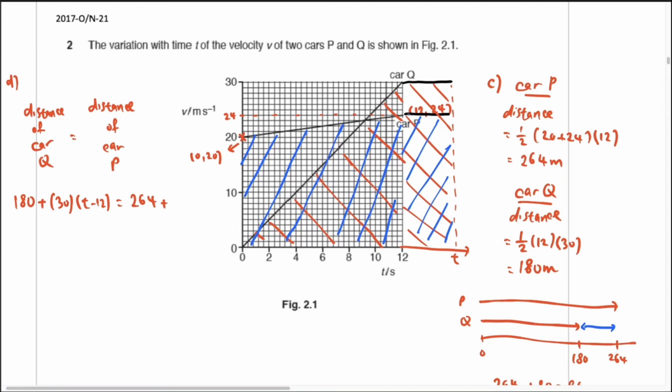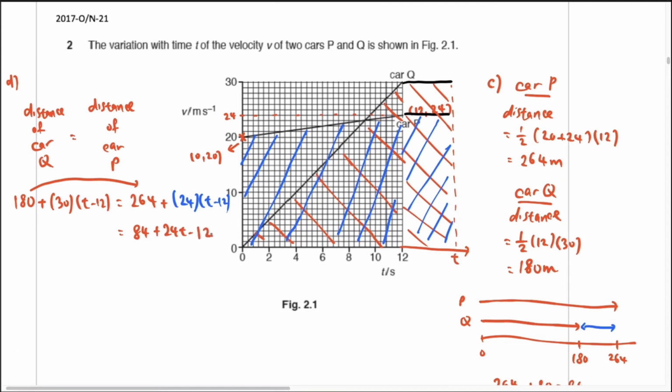So the area is 24 multiplied with (t minus 12). 24(t minus 12). And we solve the equation. I bring the 180 over. So I get 84, 24t, 24 minus 12.